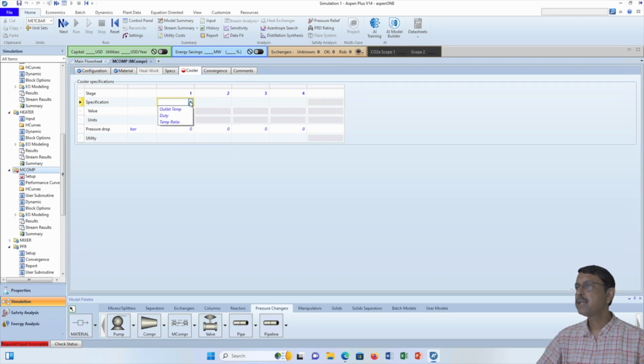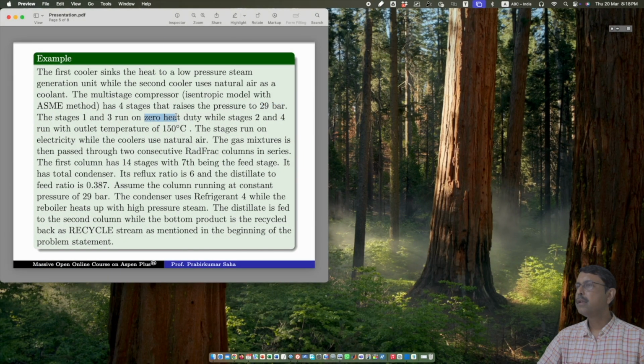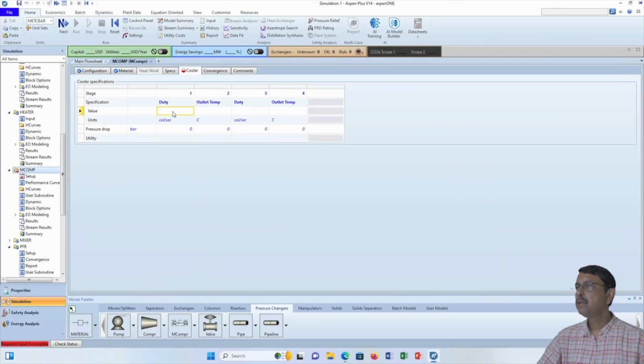And the specification for stage 1 and 3 is heat duty, and for 2 and 4 it is outlet temperature. So zero heat duty for 1 and 3, and outlet temperature 150 in 2 and 4. So we'll place 0 and 0 over here, whereas here 150 degree centigrade, and here it is 150 degree centigrade.